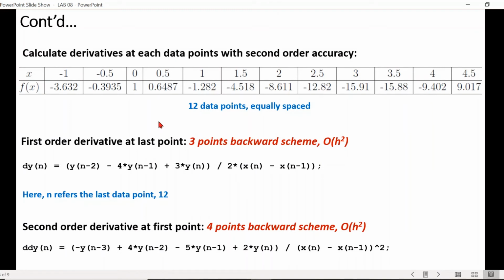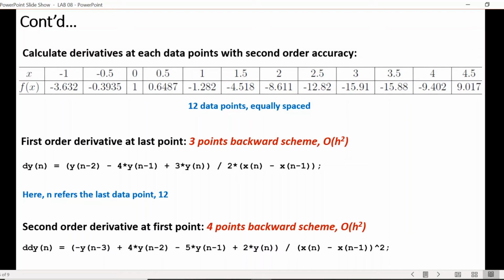Now, to estimate the first order derivative at the last point having second order accuracy, we cannot use the forward method, since there are no data points ahead of this point. So we use the backward difference scheme considering 3 points, so that the order of accuracy is 2 for the first derivative.